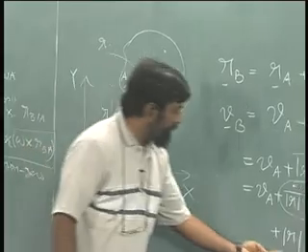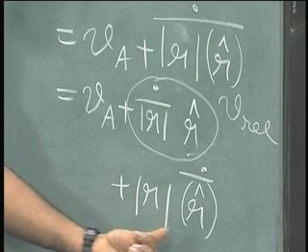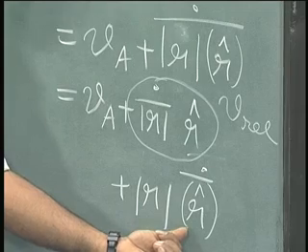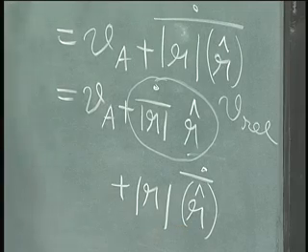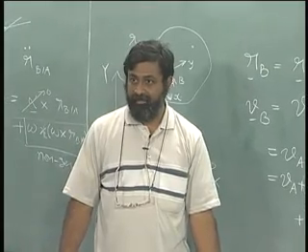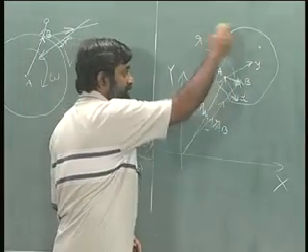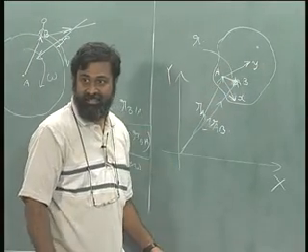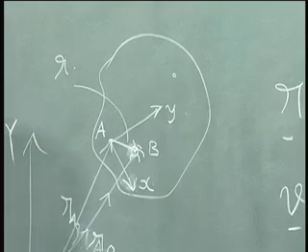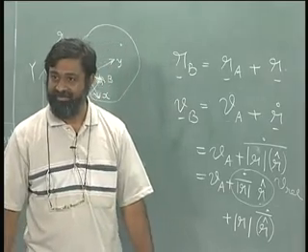And there is one more term here, which is the magnitude of R times the derivative of the direction R cap. How do I find out the derivative of the direction? If there is a rotation occurring, so I know that this is rotating, it is nothing but omega cross R cap.